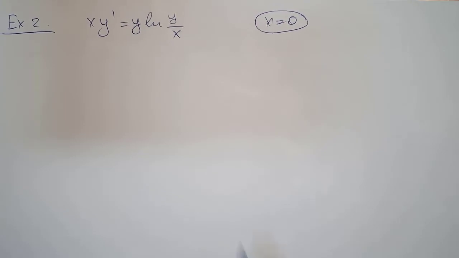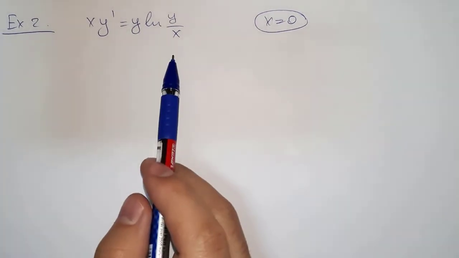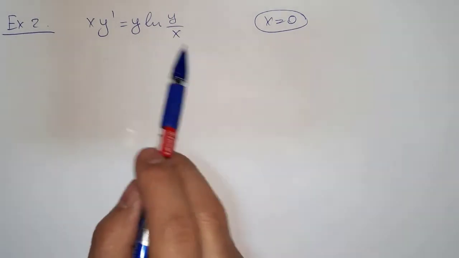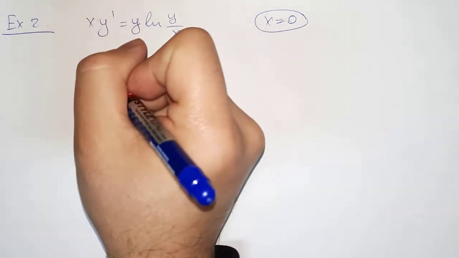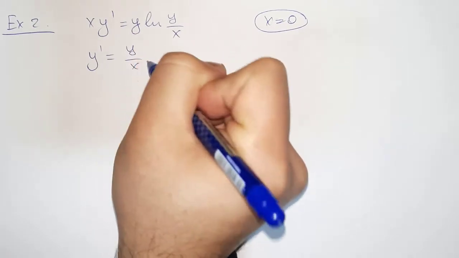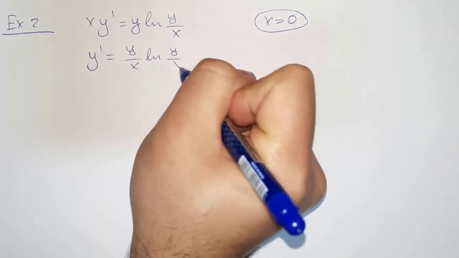However, we have here y over x. And now, rewrite our differential equation as y' = (y/x) ln(y/x).